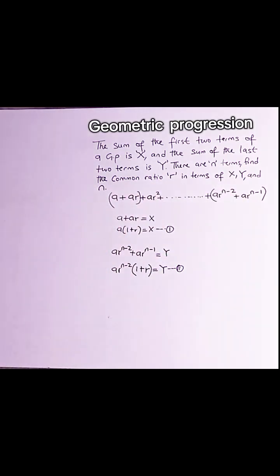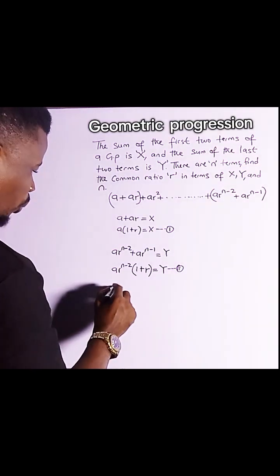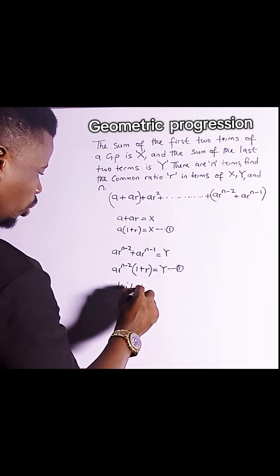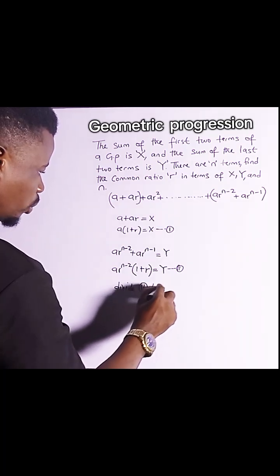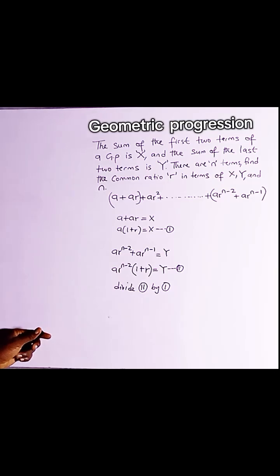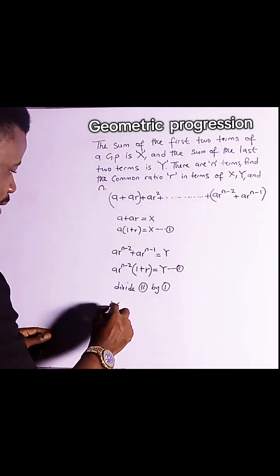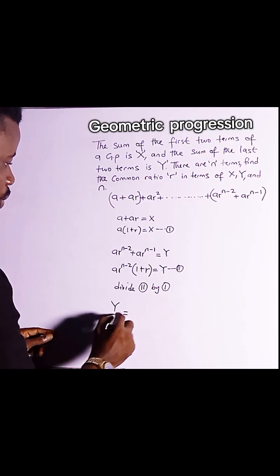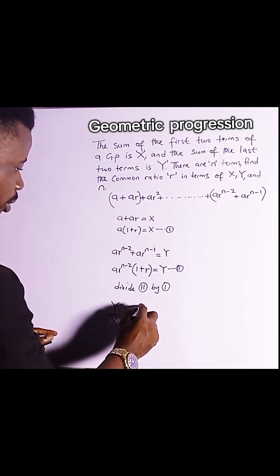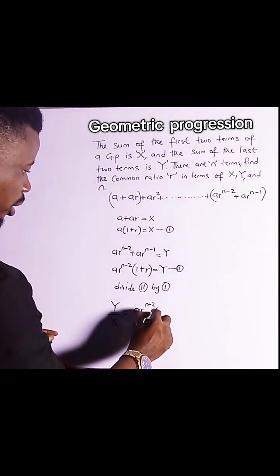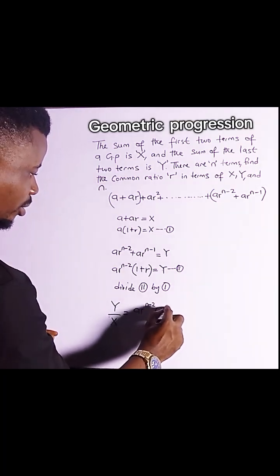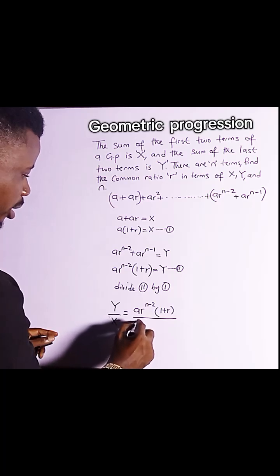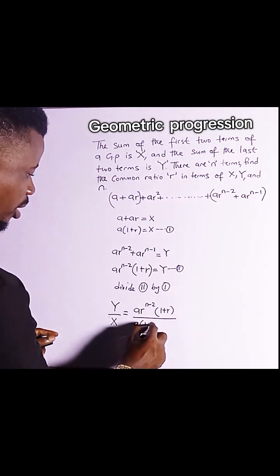So what do we do? If you look closely, if we divide equation 2 by equation 1, what will you notice? You'll notice that your y, which is equation 2, divided by x is equal to AR^(n-2) into 1 plus r all over your x, which represents A into 1 plus r.